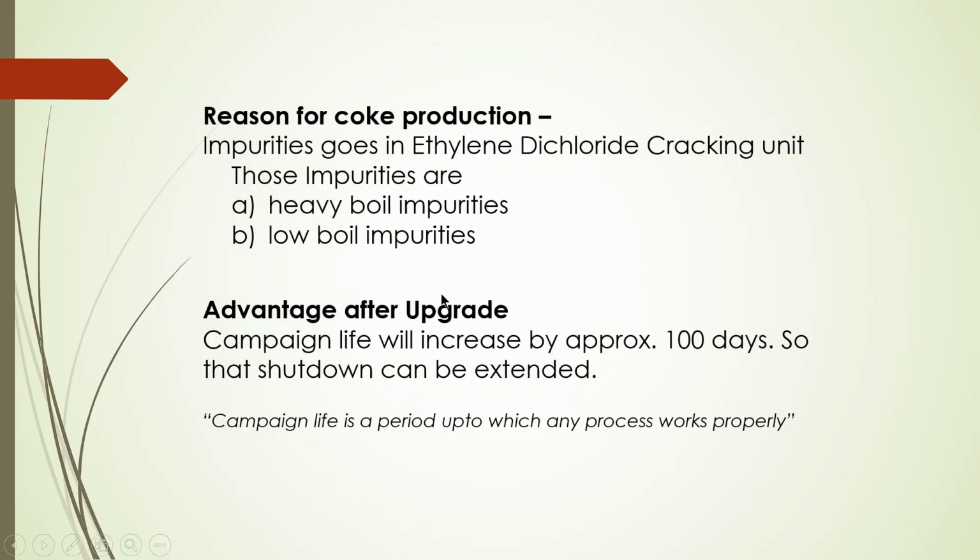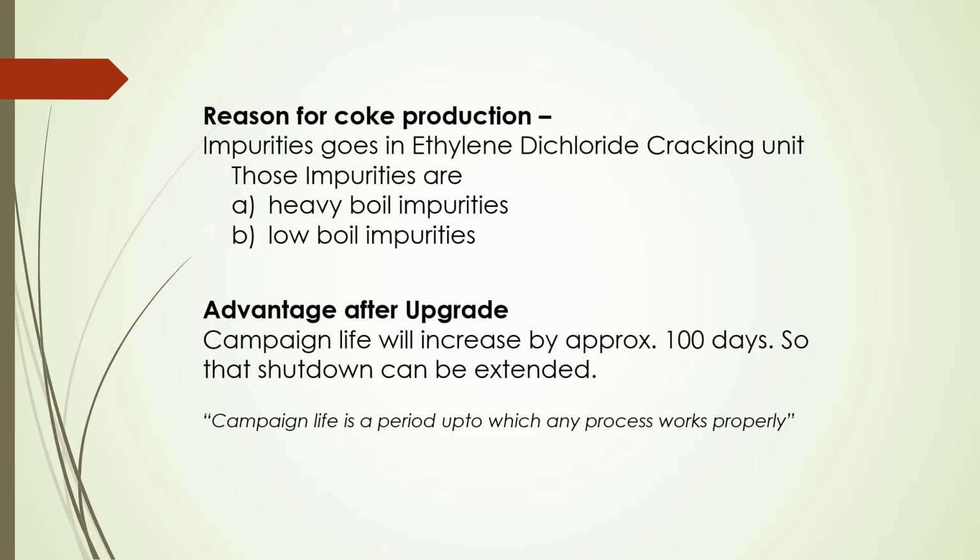The reason for the coke production is, as I said, the impurities that go into the cracker, which are heavy boil impurities and low boil impurities. So we need to purify this EDC enough after the oxychlorination process, so that the coke production can be decreased.